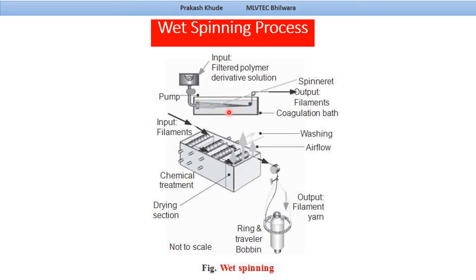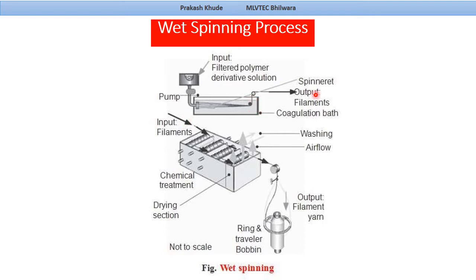In this coagulation bath, the chemical used ultimately helps remove the solvent which was used for dissolution of the polymer. The extruded filament comes out in the coagulation bath, and solidification of the filament takes place along with removal of the solvent by means of the non-solvent or chemical means, and then it is taken out.